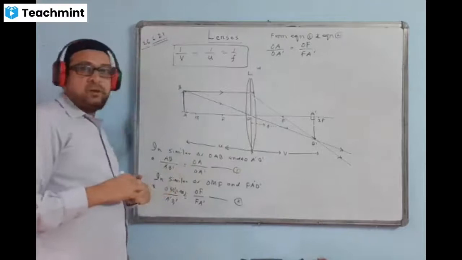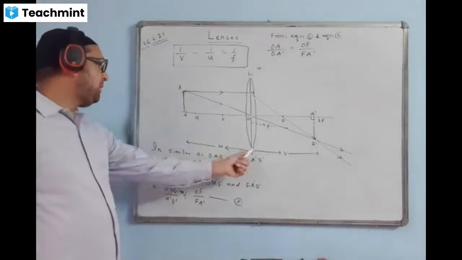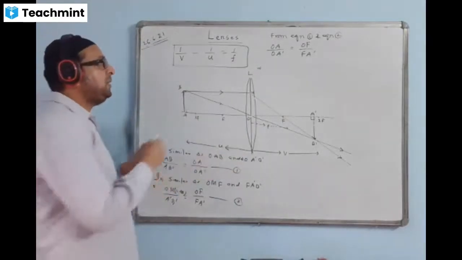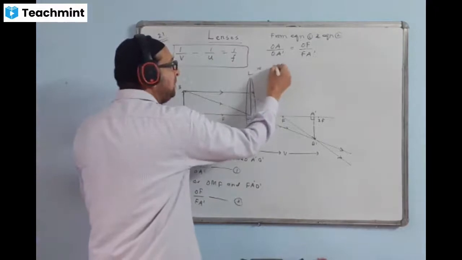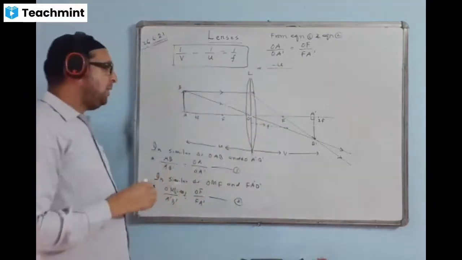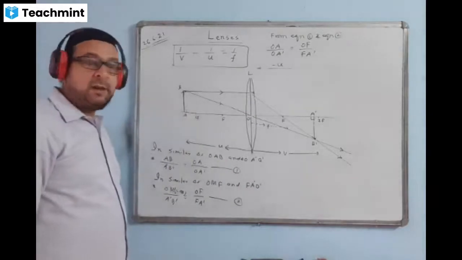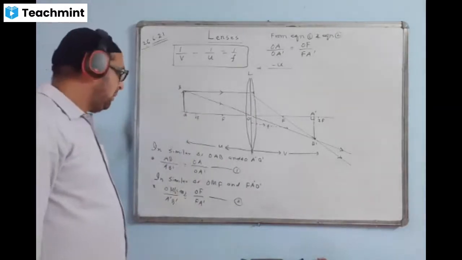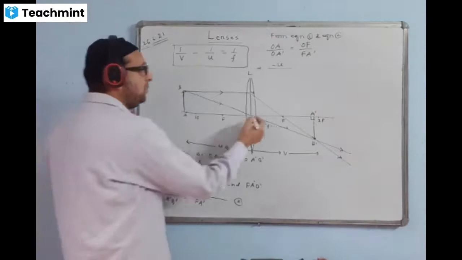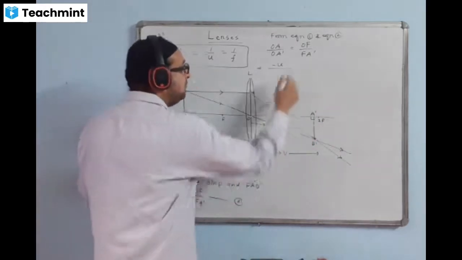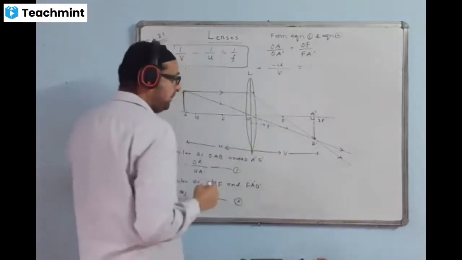Now I'll put the values. OA, the O to A distance, is U, and I will give a minus sign because it is in the opposite direction of the incident ray. Object distance is negative, so I'll give a minus sign. OA dash, O to A dash, is V, positive V.